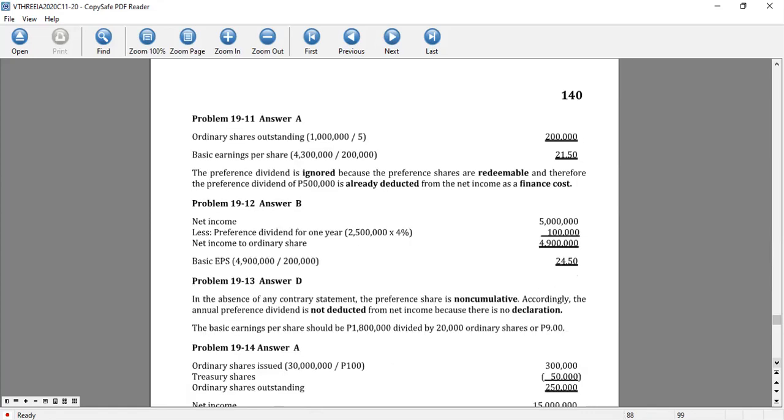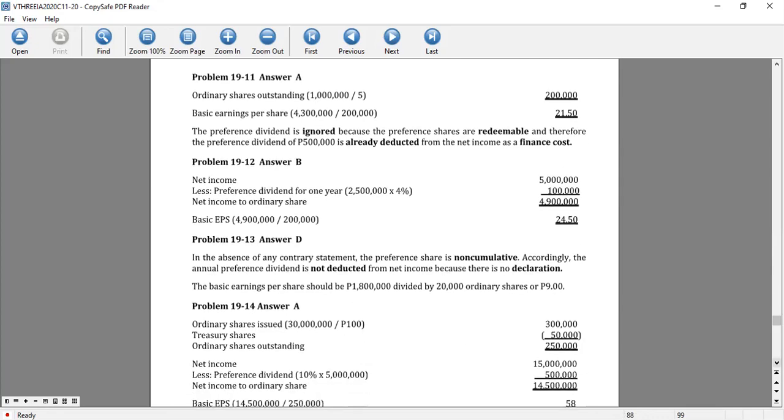Next, we have 19-12. What amount should be reported as basic earnings per share? So we have now the amount of net income for the current year of 5 million. Then we have the preference dividend for 1 year, 2.5 million multiplied by 4%. So it's 100,000. So net income to ordinary share is 4,900,000.